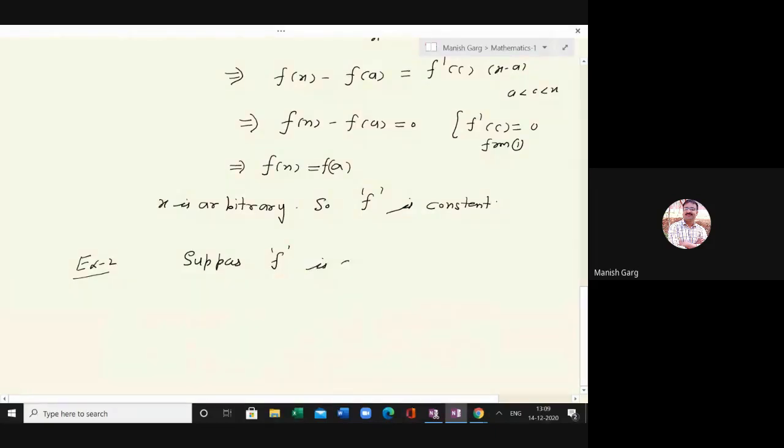Suppose f is continuous on the closed interval [a, b] and differentiable on (a, b).